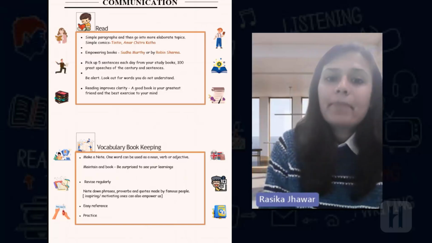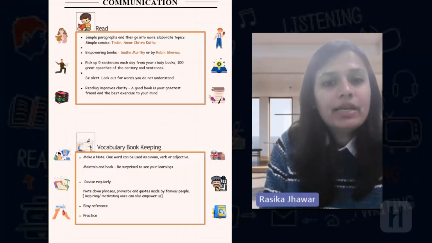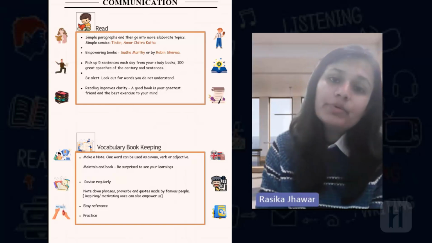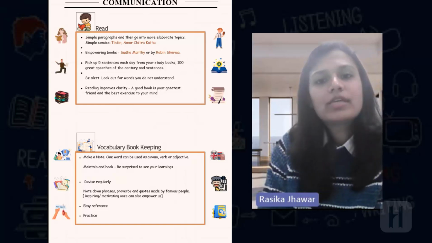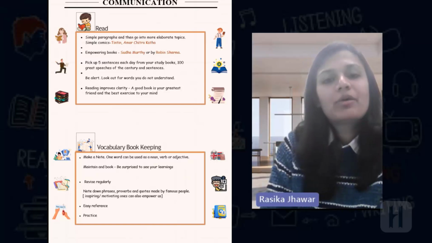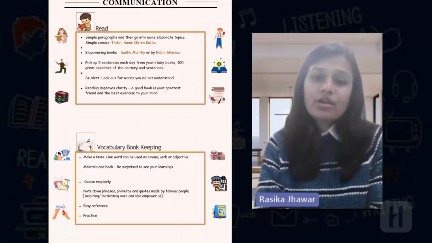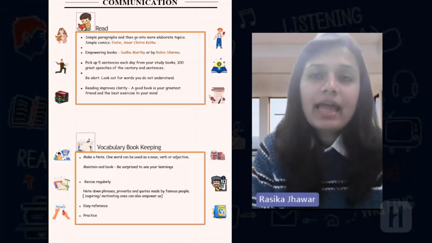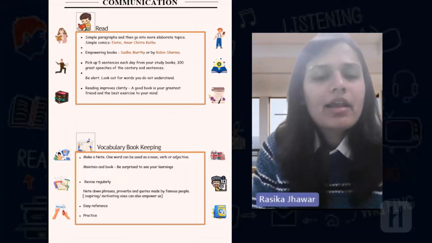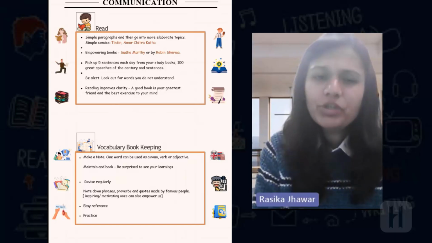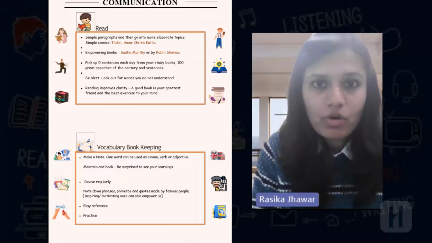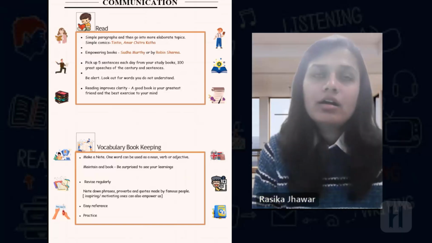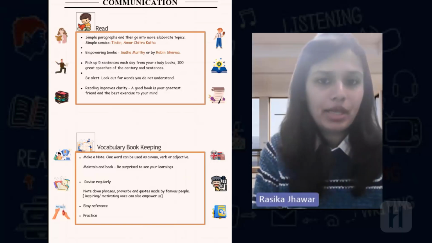You can also read empowering books, which are in simple language. In India, we would recommend Sudha Murthy's books and Robin Sharma's books, because they are very simple to understand and written in a way that can be understood by any class of people. What you can also do is pick 5 sentences each day from your study book and read, understand the meaning, and keep.